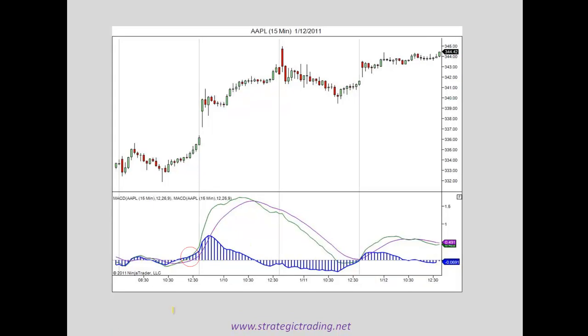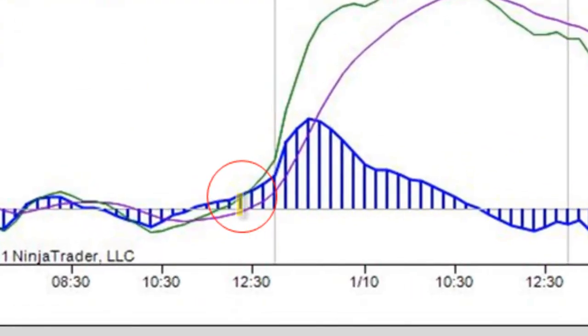Now, one signal that some traders like to take from the histogram is they will often draw a line at the top of the histogram, as you see here, and they will look at the crossing of when this line is crossed by the signal line as a signal for entry, depending of course on the direction.